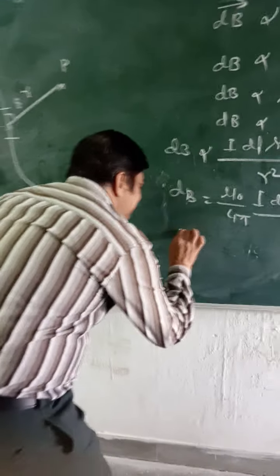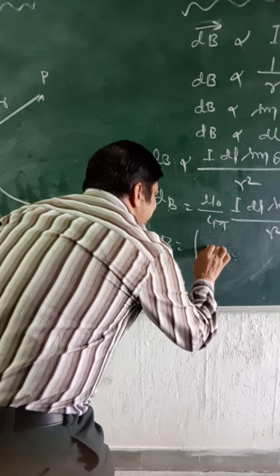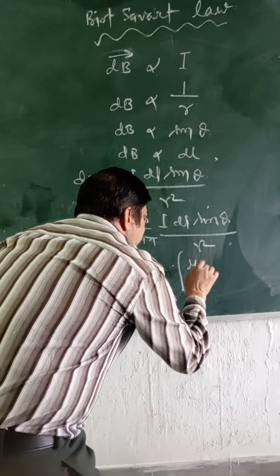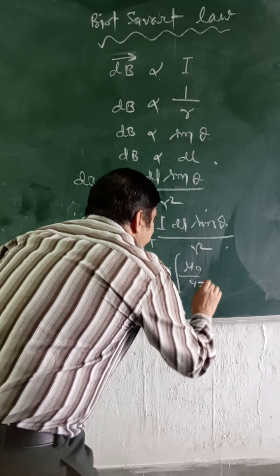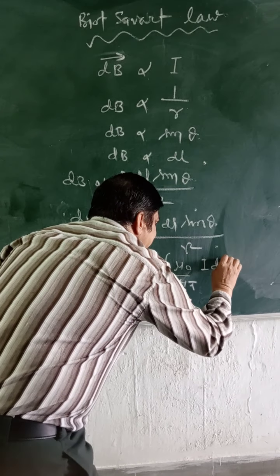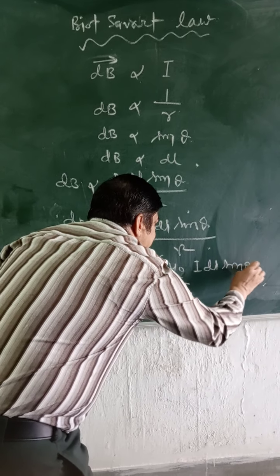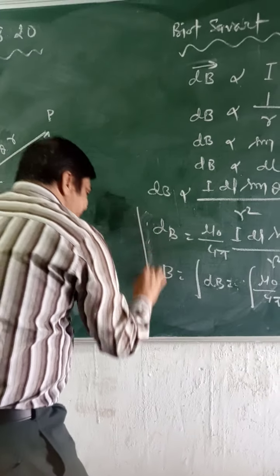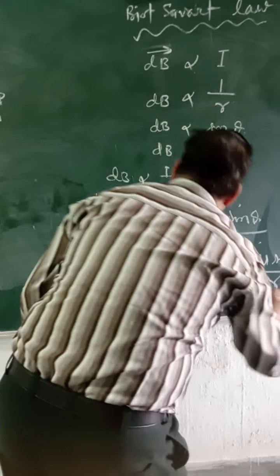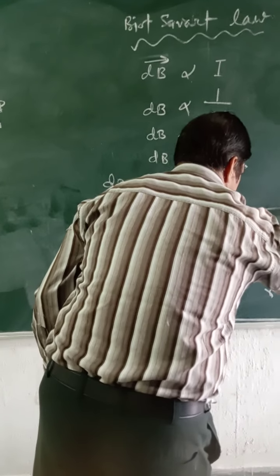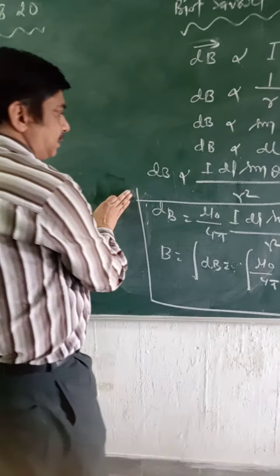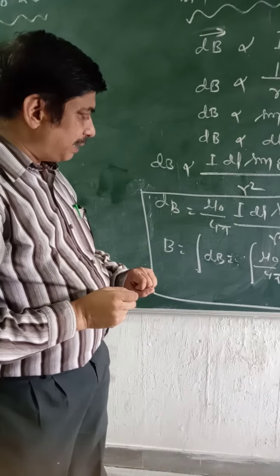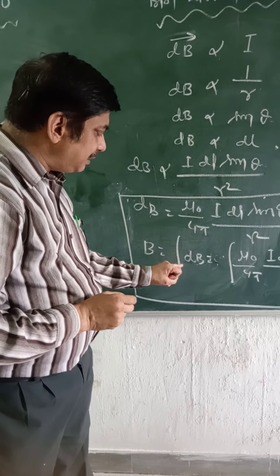So the total magnetic field is the integration of dB, which equals the integration of mu 0 upon 4 pi I dl sine theta by r square. This is called the Biot-Savart law. In this law, one question may come to your mind: why should we do the integration?